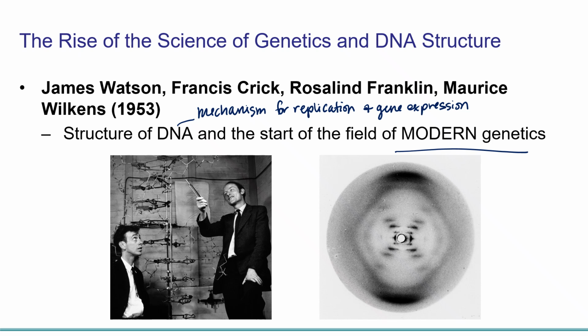This is in conjunction with what we know from Gregor Mendel, and later we'll see how this relates to Charles Darwin and evolution. Gregor Mendel didn't have a mechanism. Now with the work of Sutton, Boveri, Morgan, Fleming, we have chromosomes, and now we have a structure for those chromosomes.